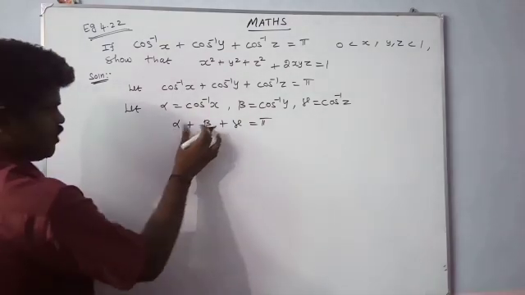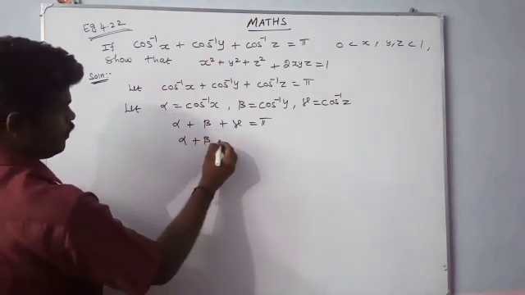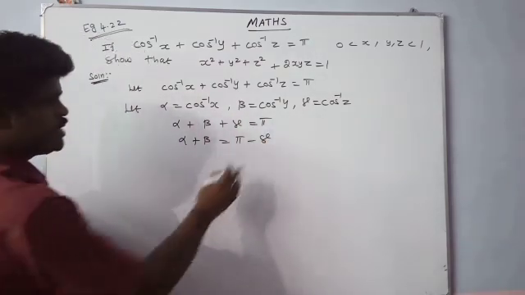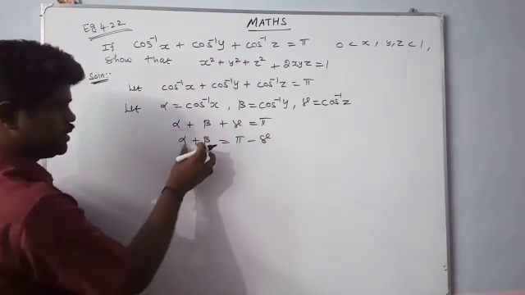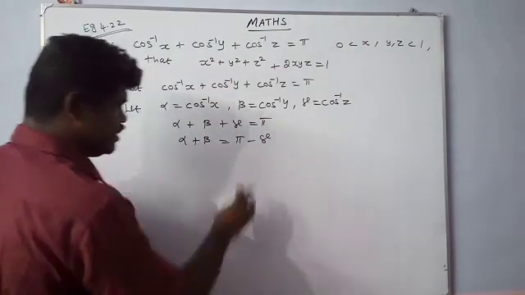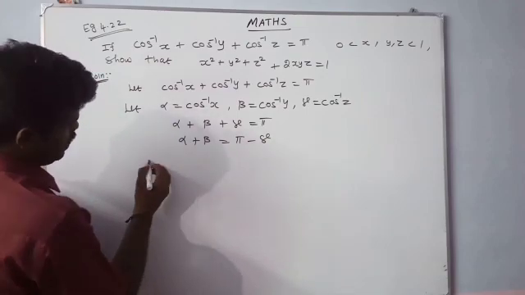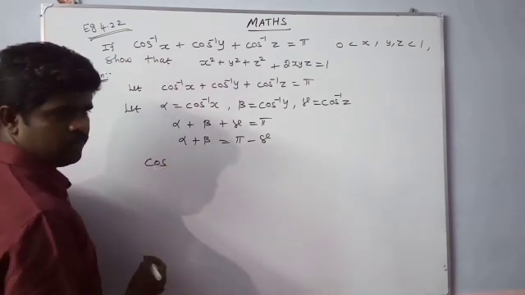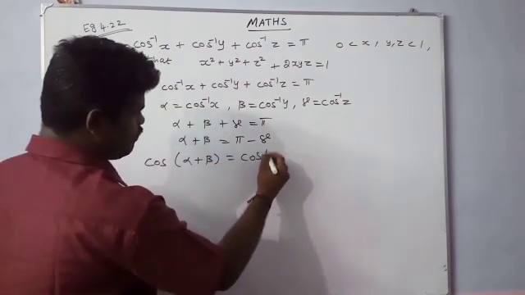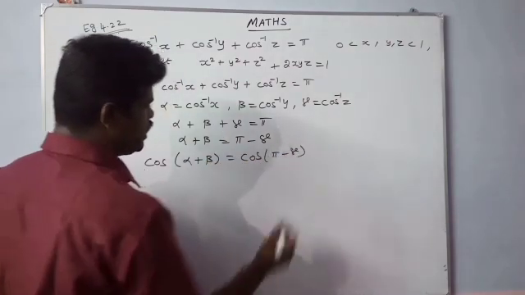And let us keep alpha plus beta on this side and take gamma to the other side: alpha plus beta equals pi minus gamma. Take cos value on both sides. Cos of alpha plus beta here and cos of pi minus gamma here.